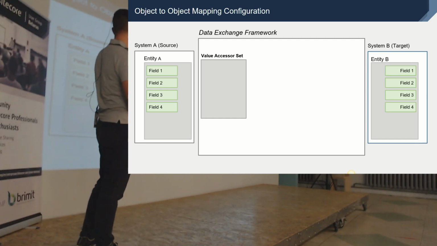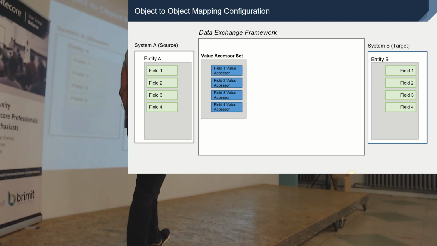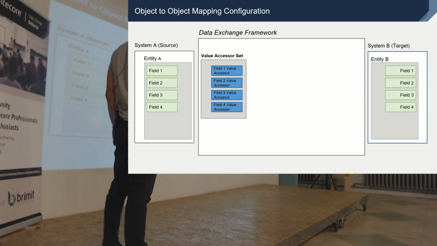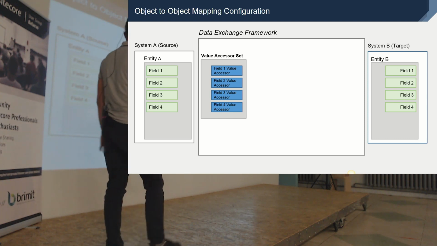It doesn't mean anything itself. It's a collection, like a folder. Under this value accessor set, we need to create value accessors for each field that we are going to read. Value accessor for field 1, value accessor for field 2, and so on.